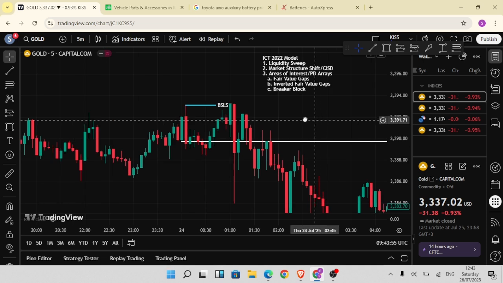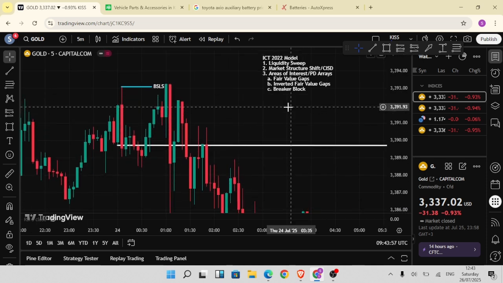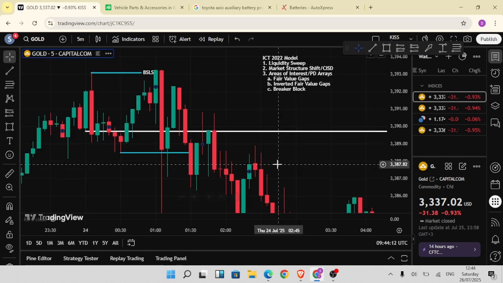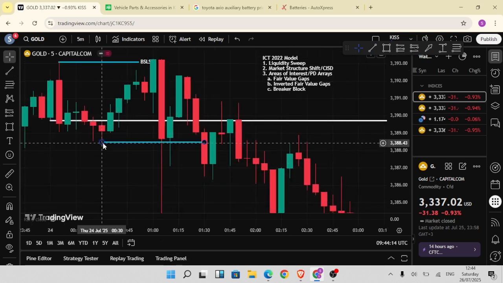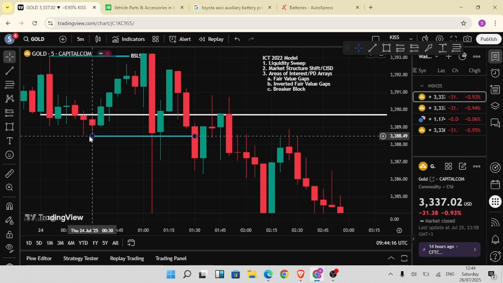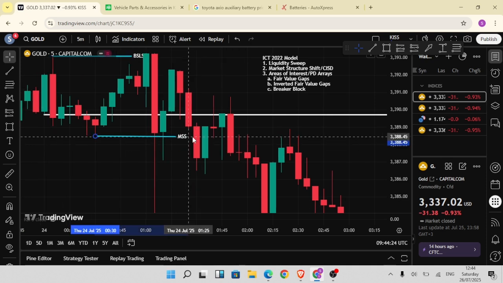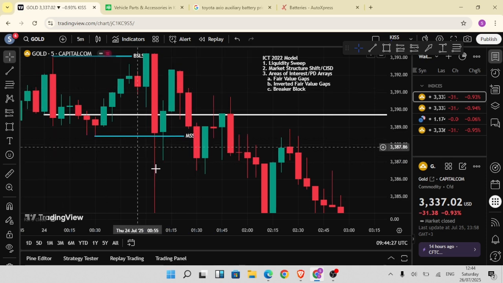The next thing we look for is a market structure shift. Price comes here, forms a low, and then goes and sweeps this high and drops. This low here, price has to go lower than this low for it to give us a market structure shift or change in state of delivery, and that is what happens here.